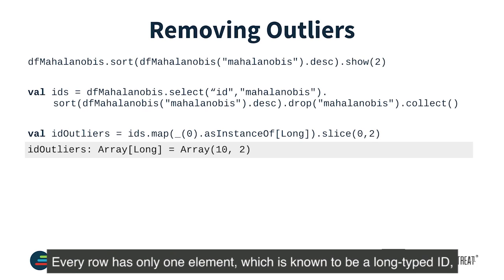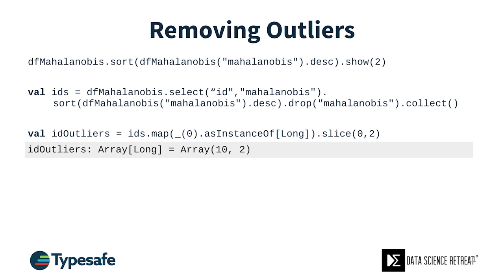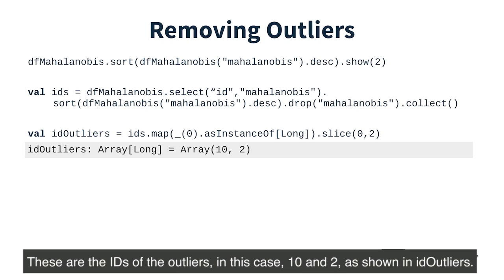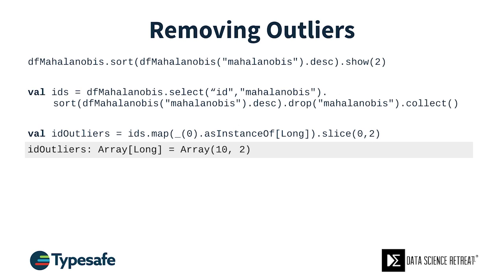Every row has only one element, which is known to be a long-typed ID. So I cast each element to long and then use slice to get only the first 2. These are the IDs of the outliers, in this case 10 and 2, as shown in ID outliers.